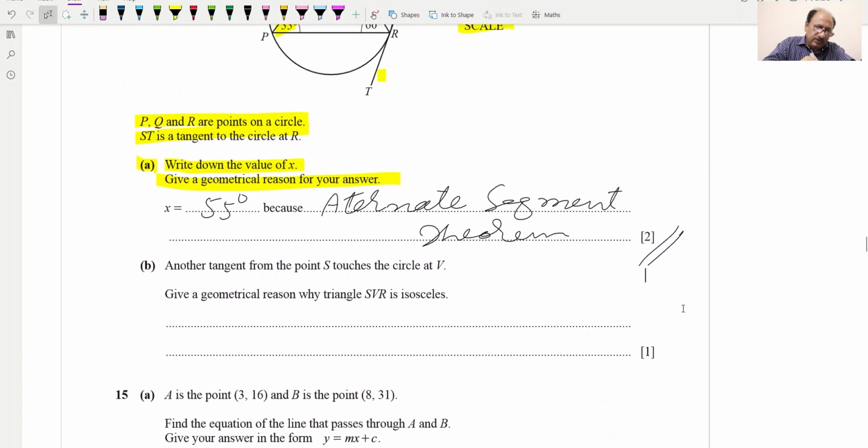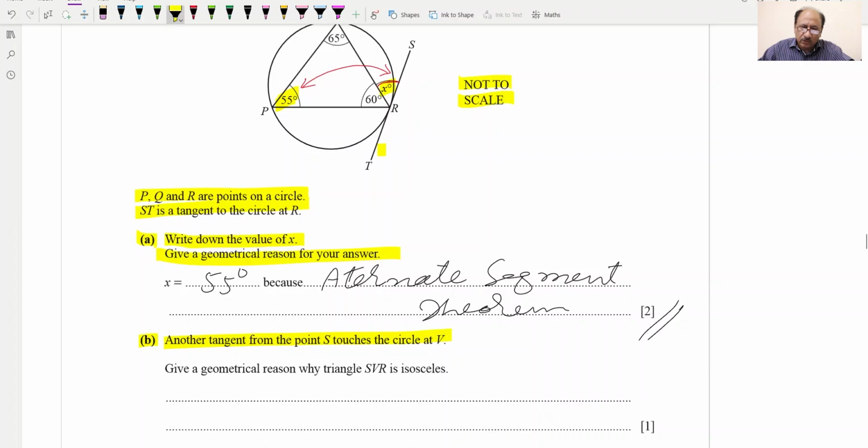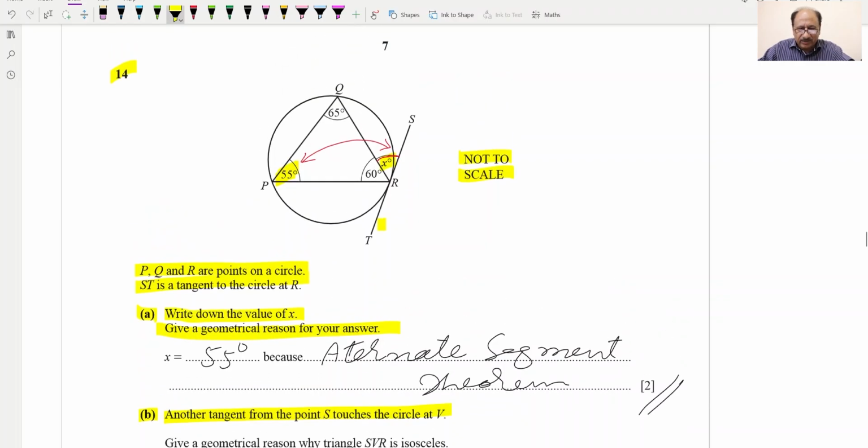And another, B part, they are saying another tangent from the point S touches the circle at V. So from S it touches the circle at V, like, for your understanding, if I draw that tangent, it will be like this one.